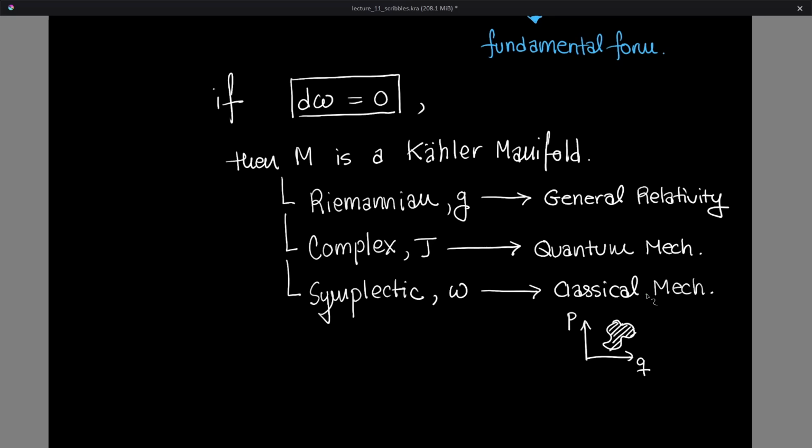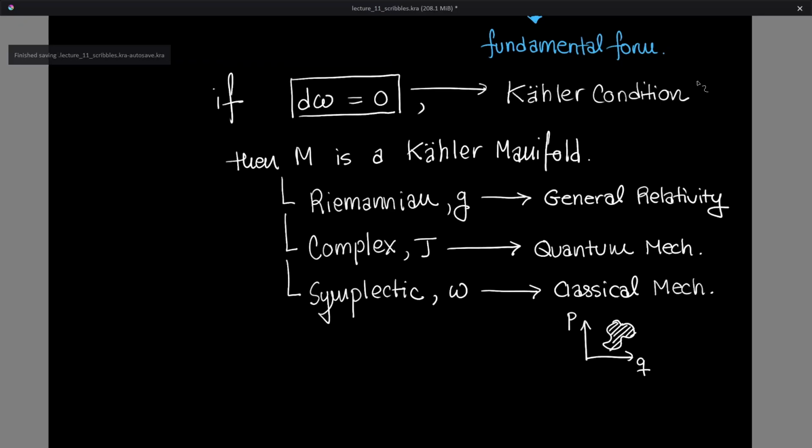And now that we've introduced the Kähler condition, that was the minimal extra condition that would also make it a symplectic manifold. So for the mathematician, what's interesting about a Kähler manifold is that it's the minimal set of requirements for these three structures to coexist with each other, which is a very interesting differential geometric structure, especially complex differential geometric structure. And so this is why we care about Kähler manifolds in a way.